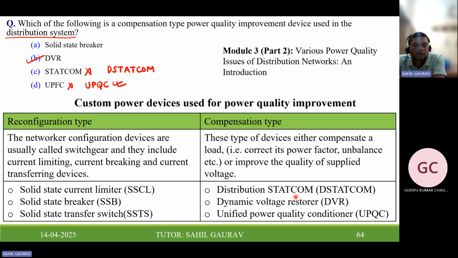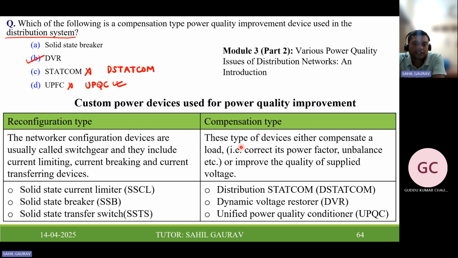In the reconfiguration type, the network configuration devices are usually called switchgear, and they include current limiting, current breaking, and current transferring devices. Examples for reconfiguration type for power quality improvement are solid state current limiter, solid state breaker, and solid state transfer switch.